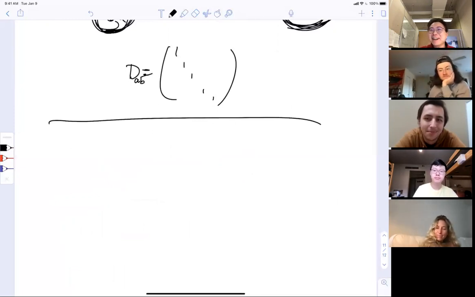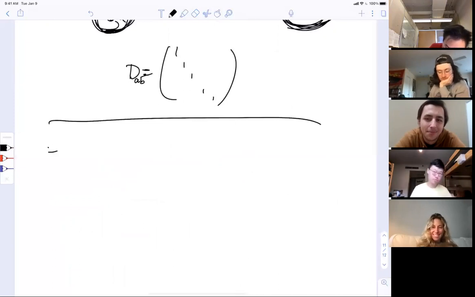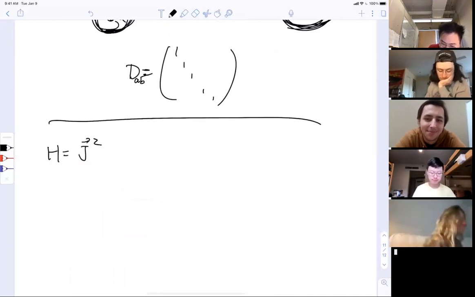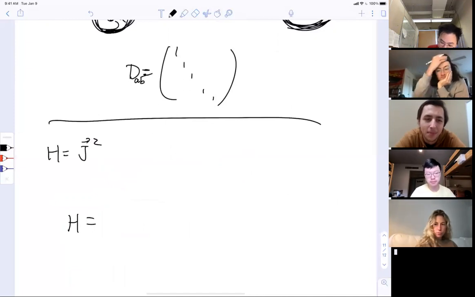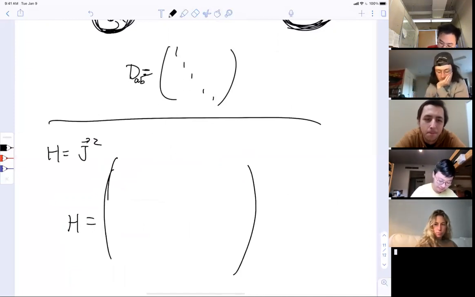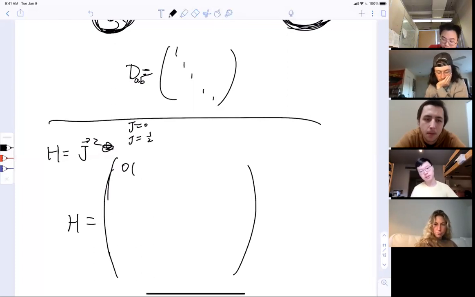A very short example. It's like the Hamiltonian equal to J squared. J is a spin operator. So what is this? After we diagonalize it, J can be 0, J can be 1/2, or, okay, let's assume, 1.